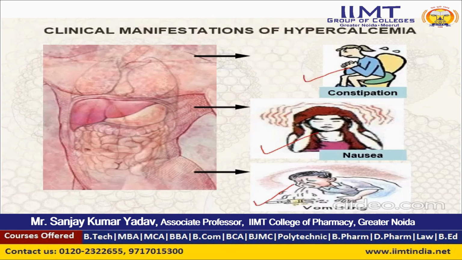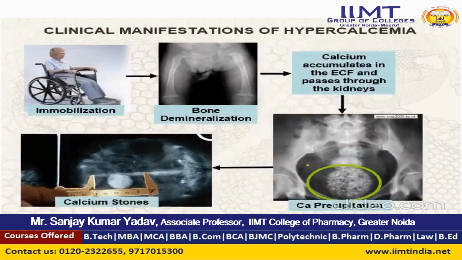Another image you can see here: suppose calcium is in excess in our system, this is a calcium stone, calcium precipitation. In that case, stones can occur. In this way, calcium excess in our system can cause this type of problem.